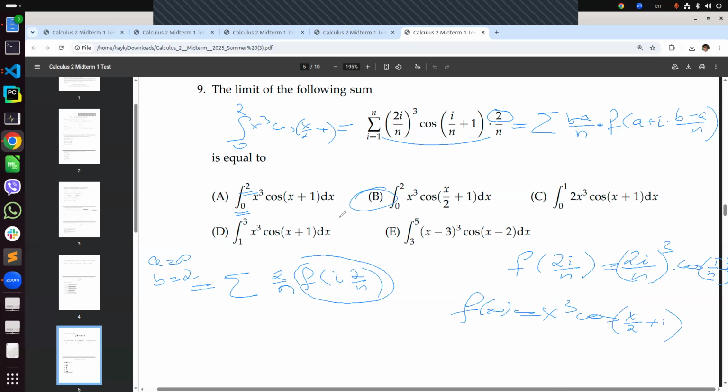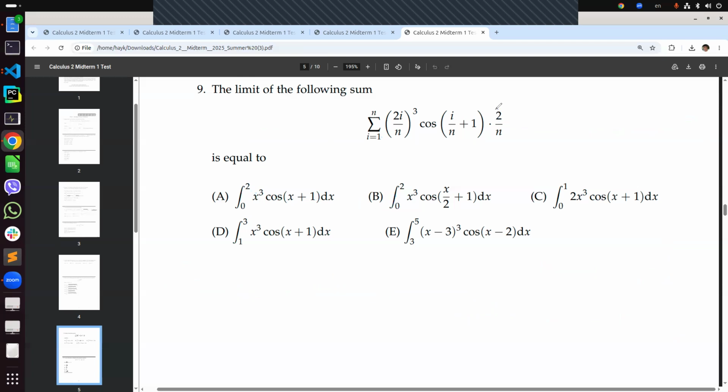Same way, exactly the same way, we can assume, what if this 2 is actually not the length, but a part of our function, like here we have 2. And 2 is a part of our function, and 1 over n is the length. So let's discuss whether C is correct or not.